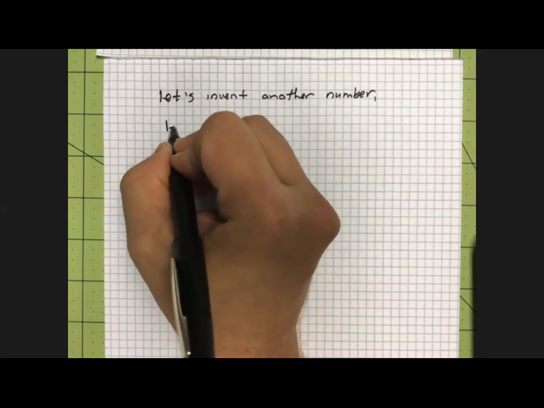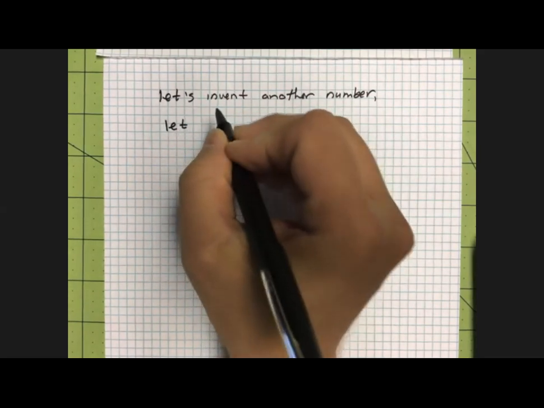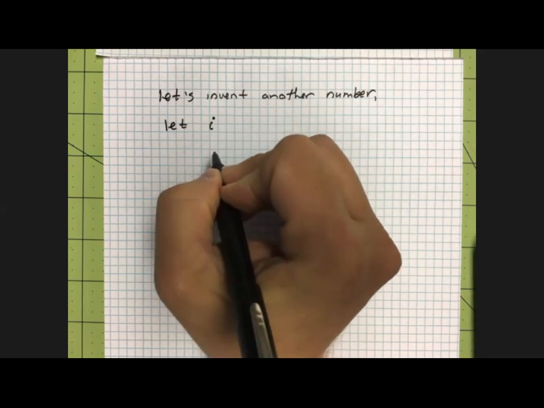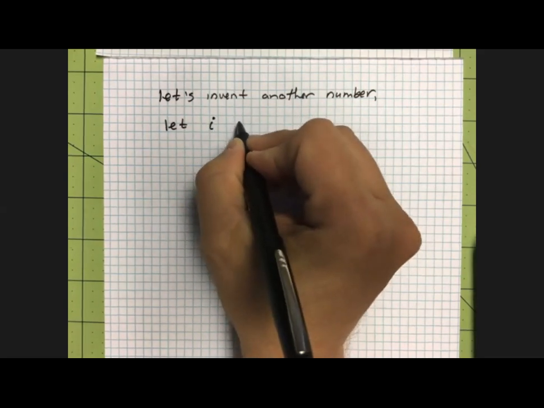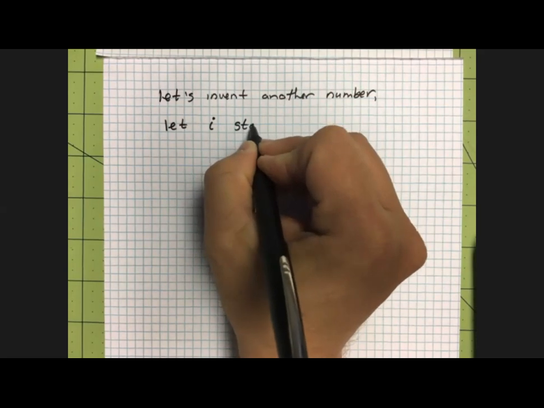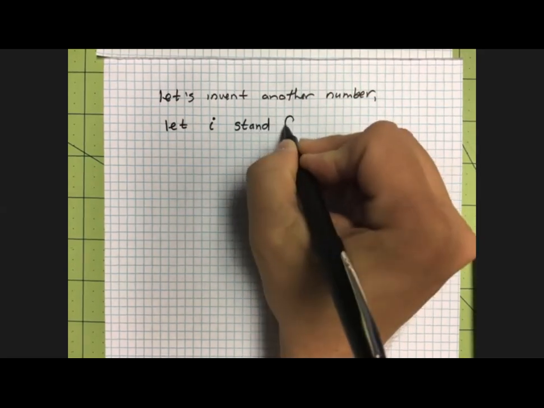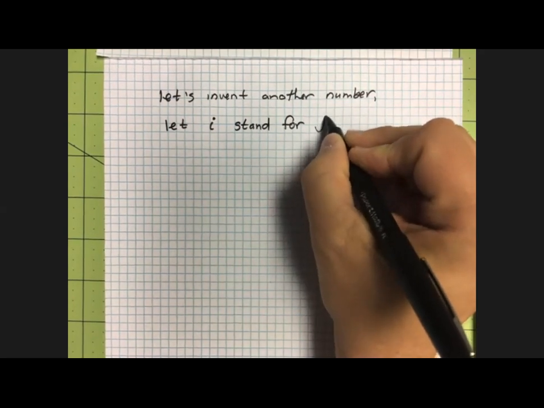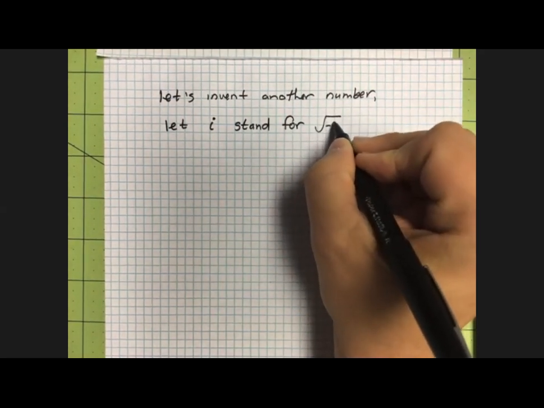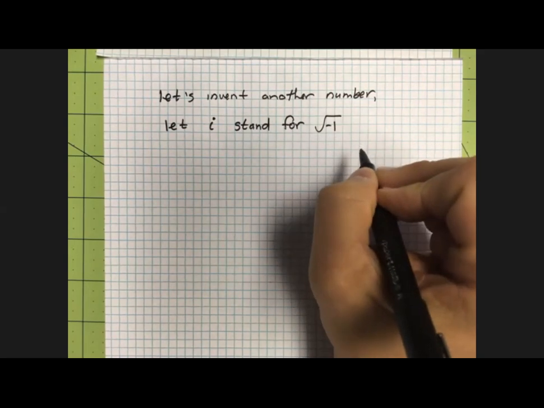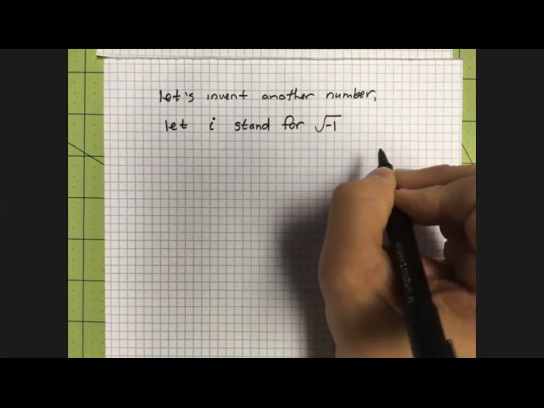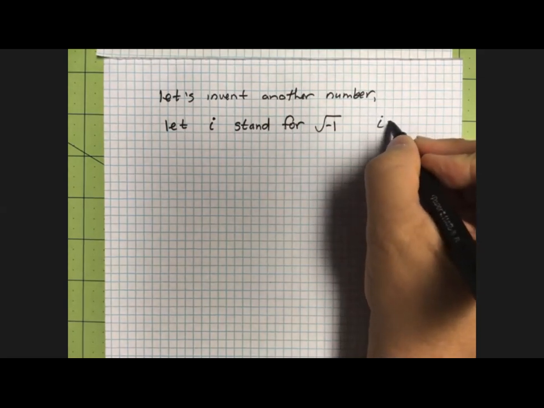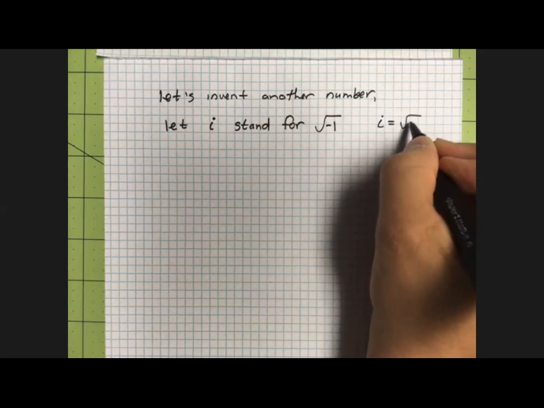So let's let the symbol lowercase i stand for this thing that we were forbidden from doing, the square root of -1. Let's just let i equal the square root of -1.